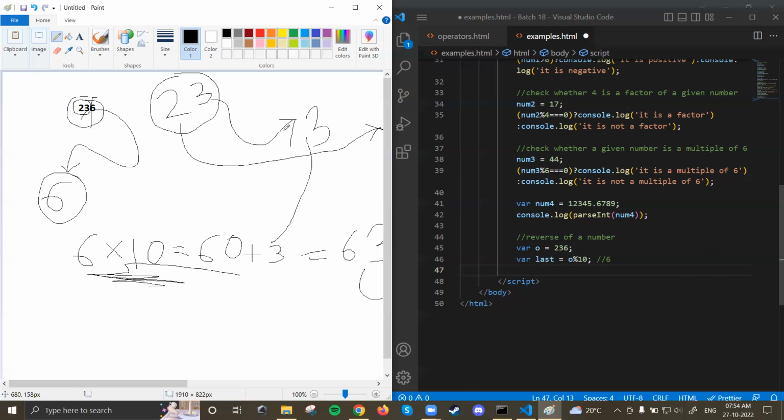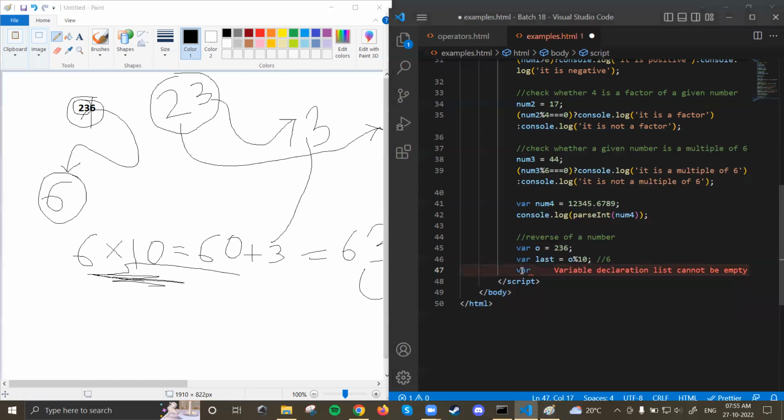So first we have to find this 60. Let me take some number, P, where P is equal to last into 10. We got the last into 10.